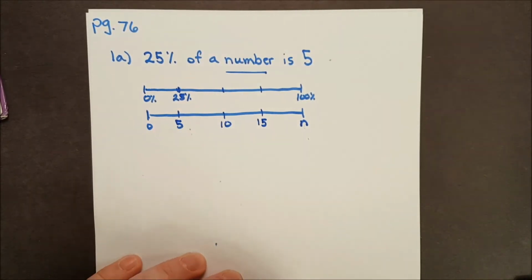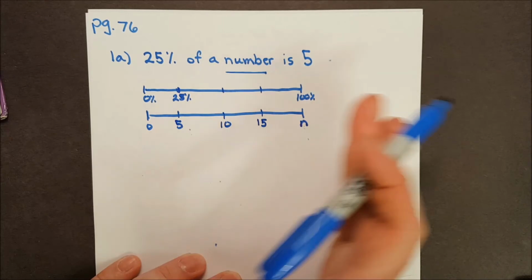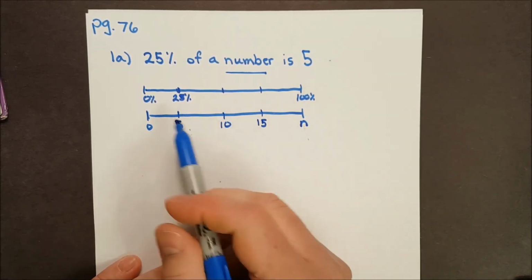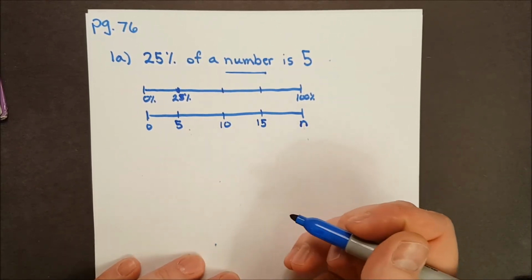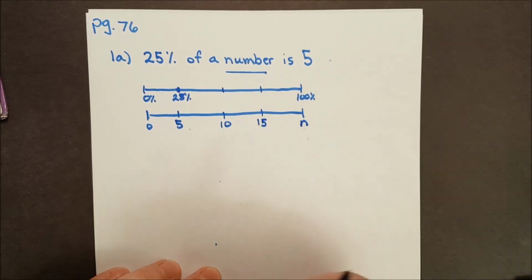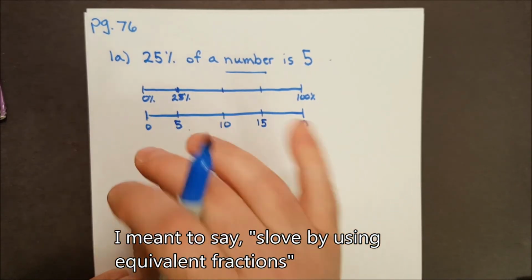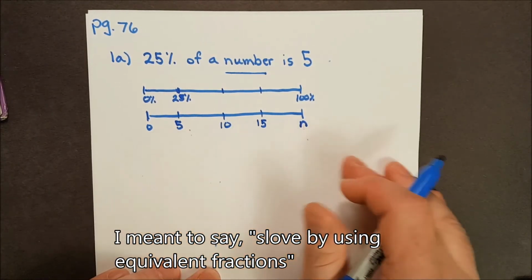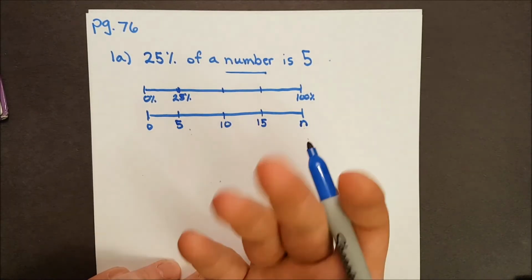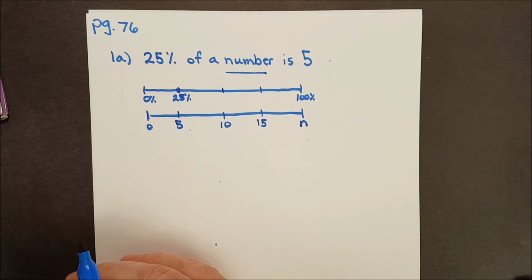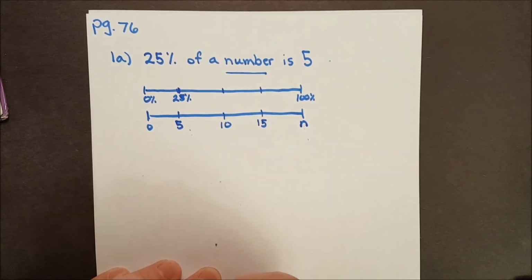But many problems don't use friendly numbers such as 25, 5, and 100. So let's look at solving this using the balance model. We are going to start with a balance model, but then we're going to show you how to solve this using a different method, the same way that we used unit rates.